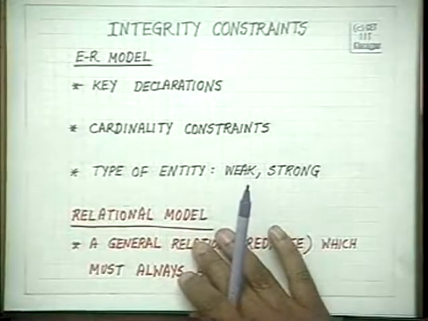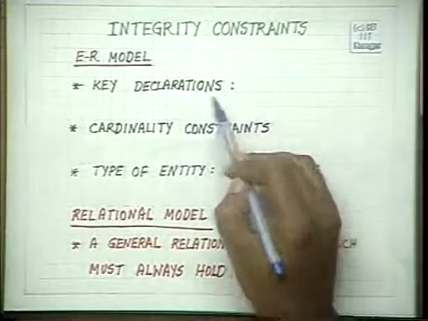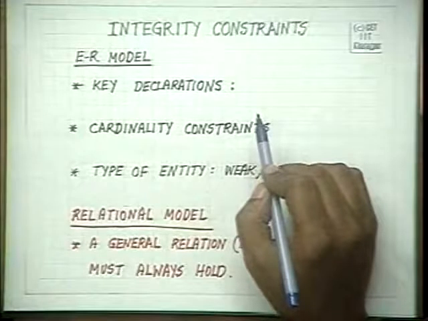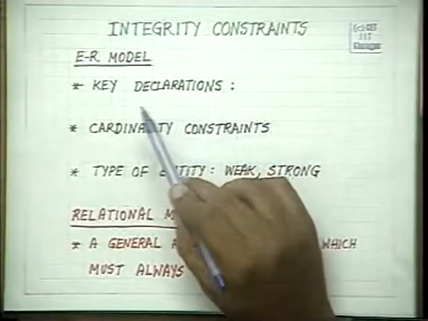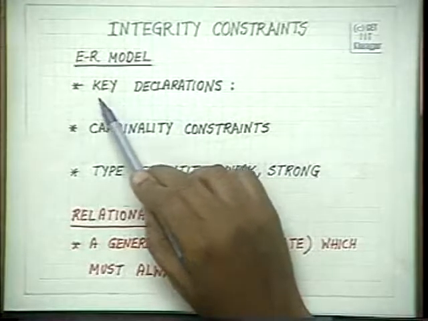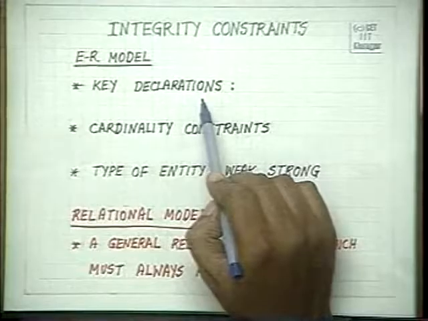We have seen some constraints before when we looked at the entity relationship model. In the entity relationship model, we have seen that during the specification of an entity or a relationship, we specify several other things. Firstly, for every entity, we specify the attribute types, and we specify what the key declarations are.